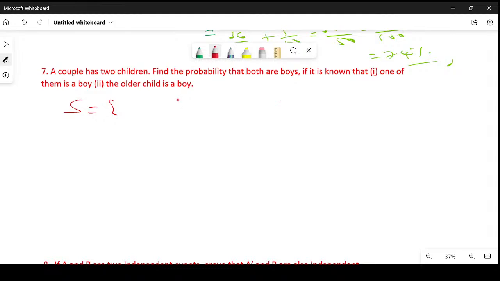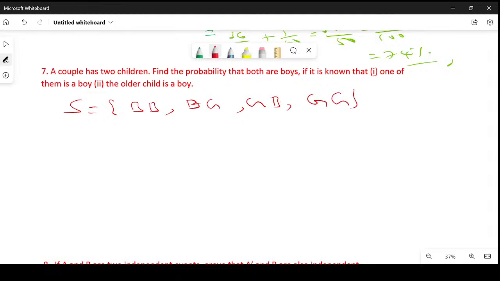So the possibilities: both boys, boy and girl, girl and boy, or both girls. This is the possible sample space.